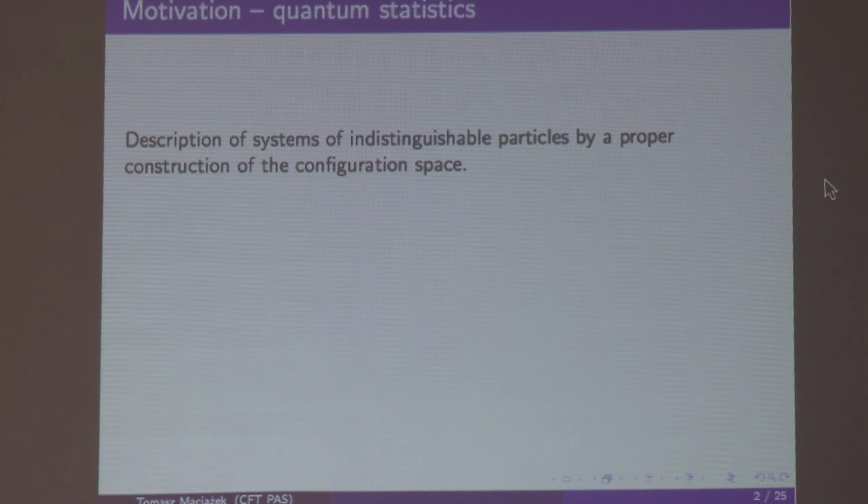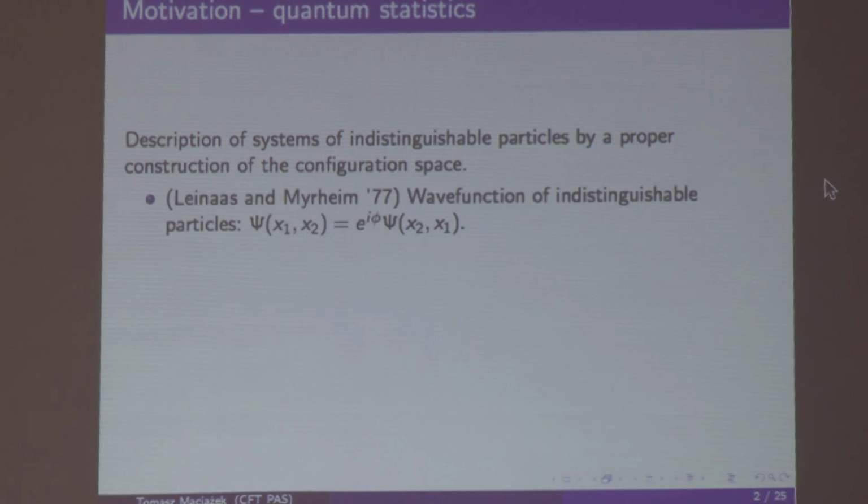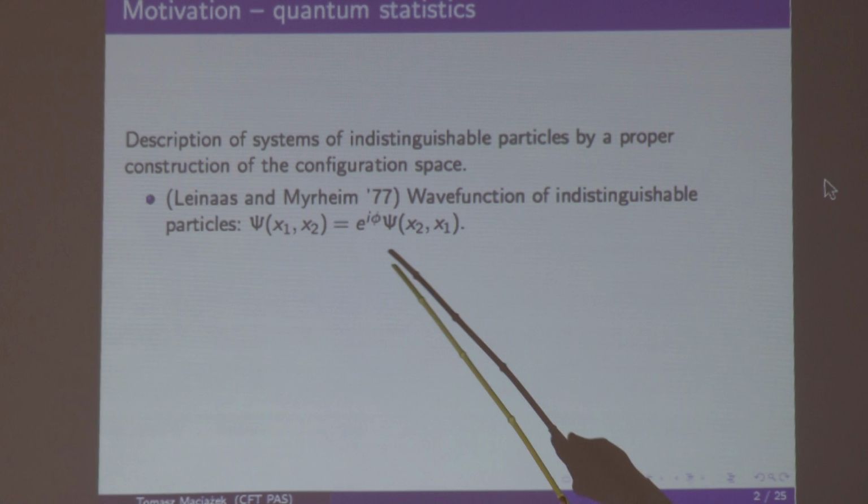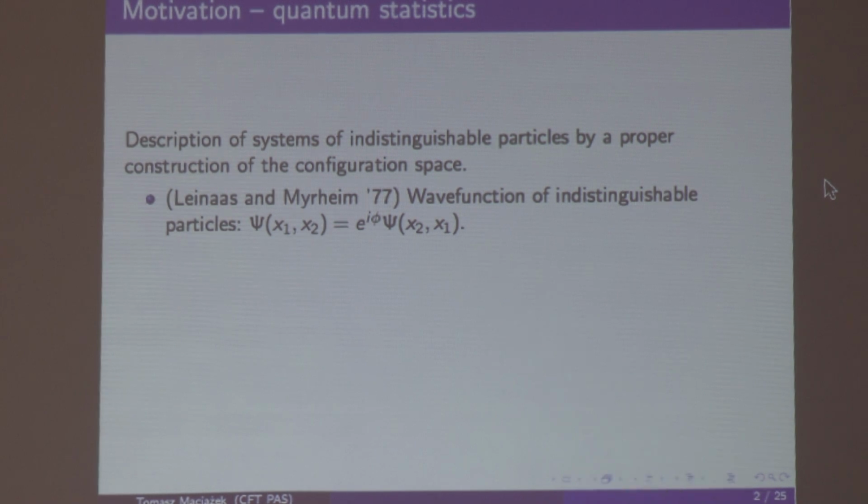Then we can consider a symmetric or anti-symmetric part of the corresponding Hilbert space, and when we permute particles, we have some phase in front of the wave function. So some global phase.